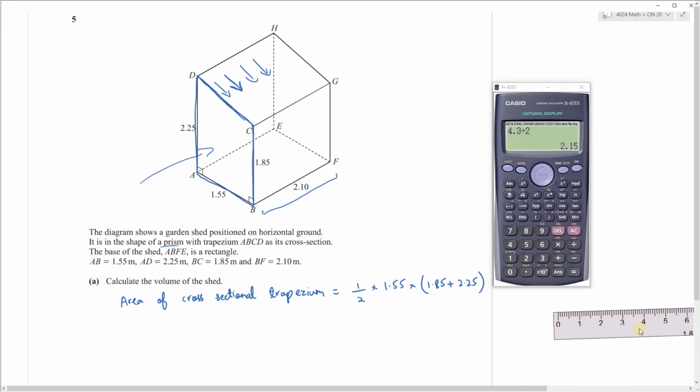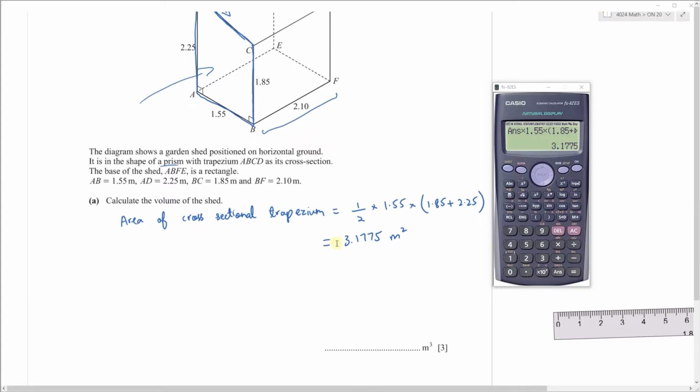So let's calculate this. 1 divided by 2 multiplied by 1.55 multiplied by sum of parallel sides, which is 1.85 plus 2.25. So this is 3.1775 meter square. All the dimensions are in meters.